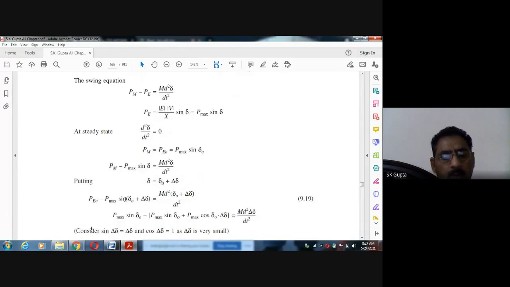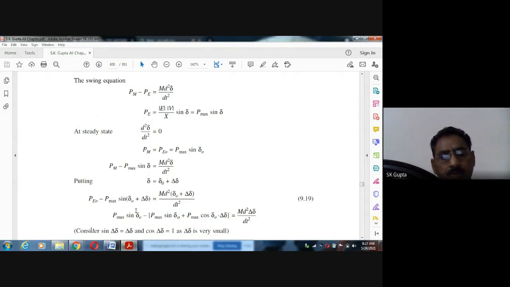So here, if you now open this, it is Pmax sin delta 0. If you open this, because delta has changed, Pm is fixed, only delta has been changed, then what will be the effect?